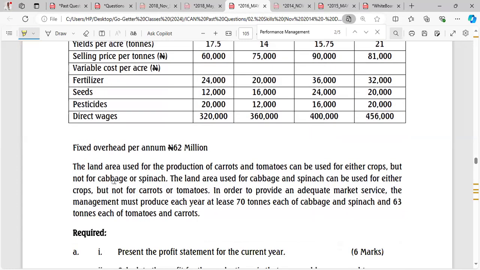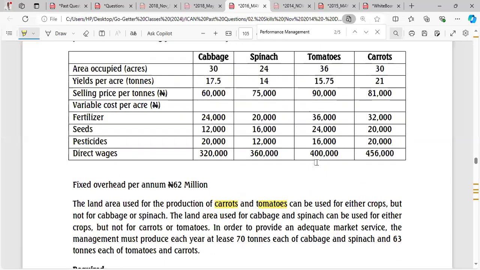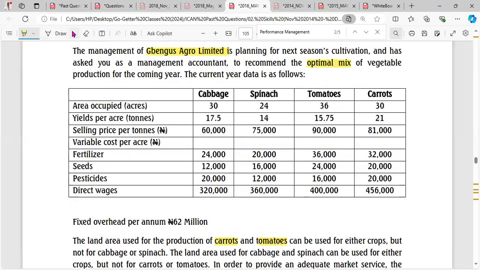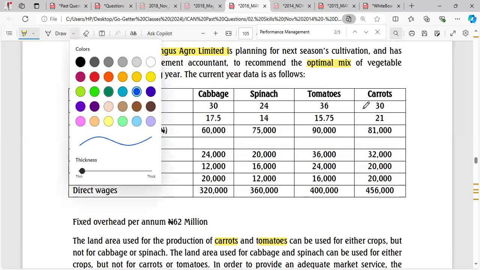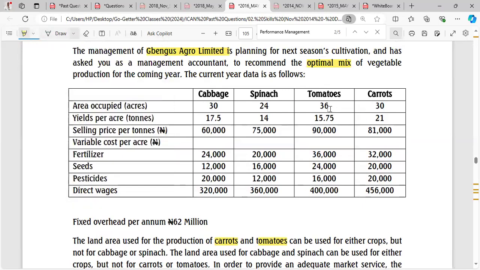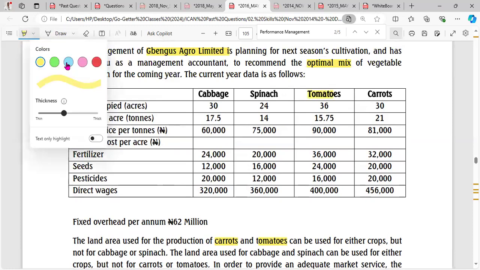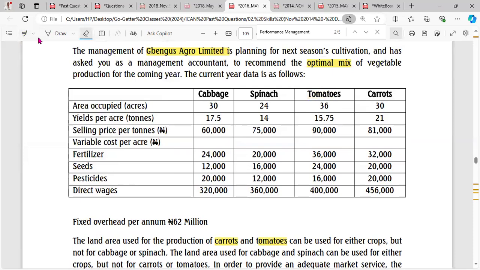Now, look at the condition. The land area used for the production of carrots and tomatoes can be used for either crop. So I'll change the color so that you will understand.